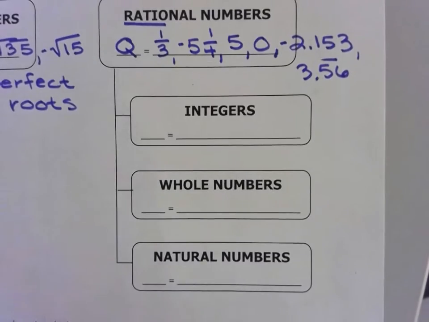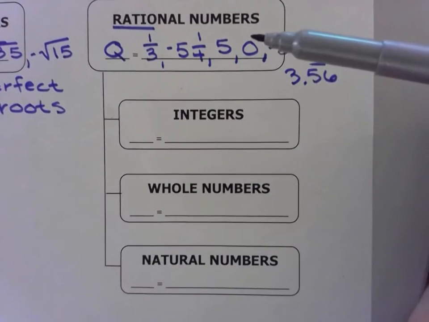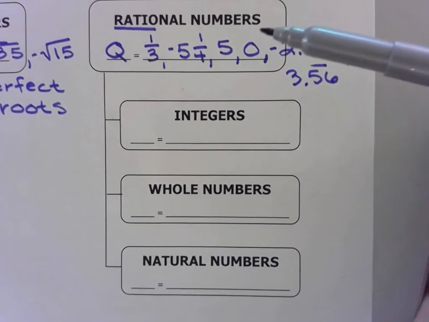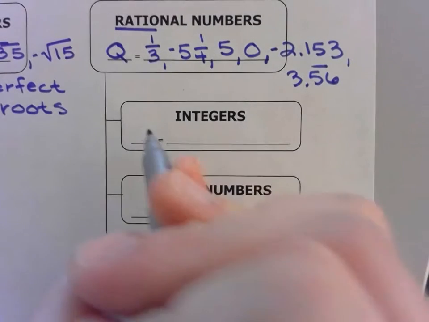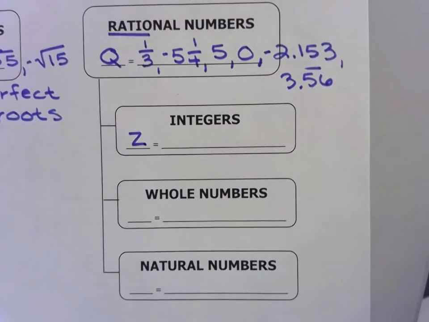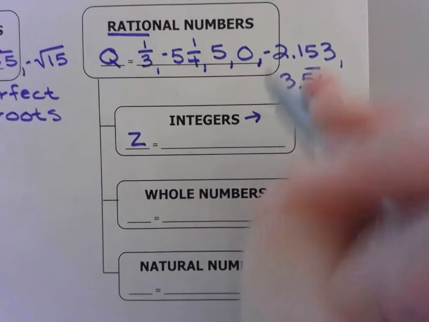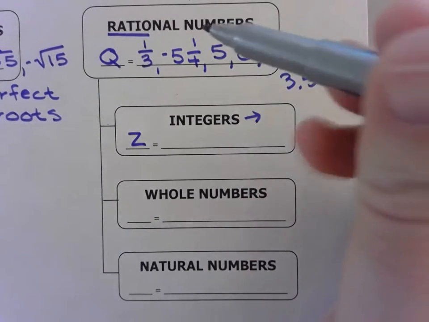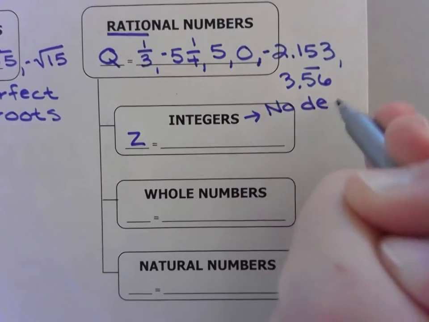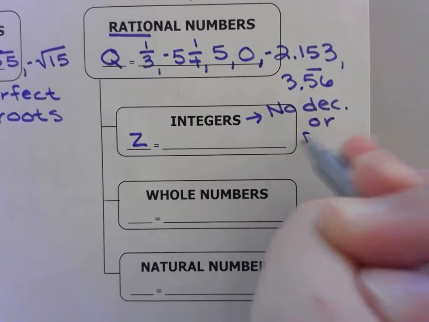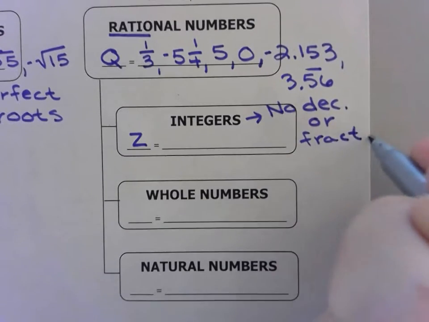Okay, any questions on rational? Now, rational, we have another subcategory. We can take rational and see if it's an integer. We represent integers with a Z, which is weird. Every integer is a rational number, so we are breaking rational numbers up further.